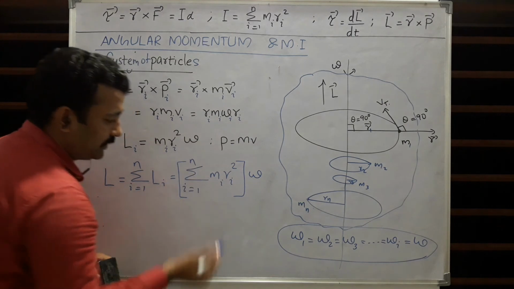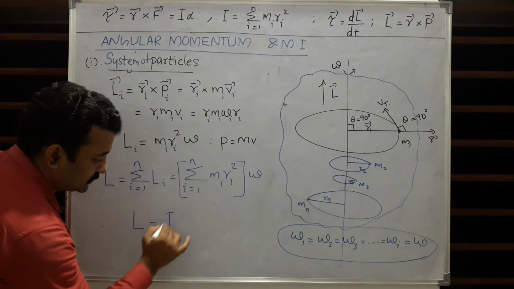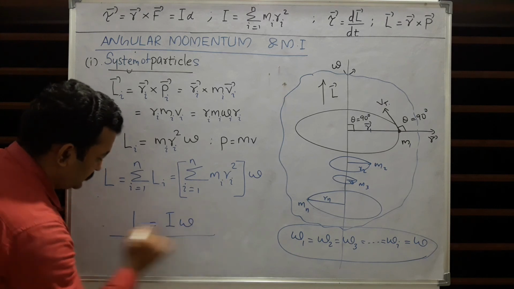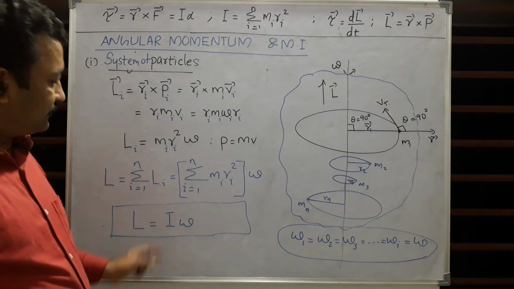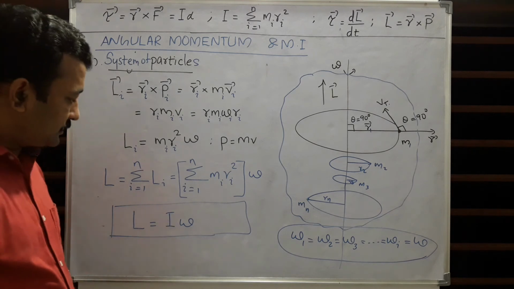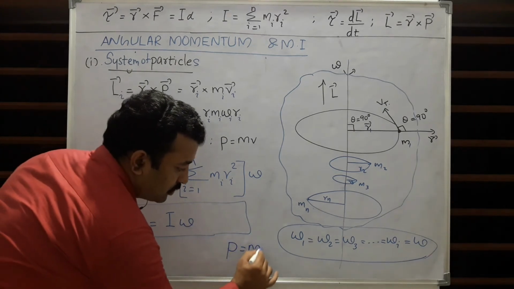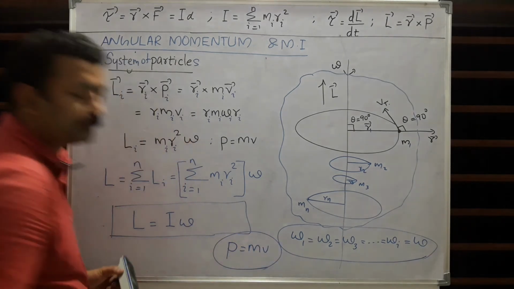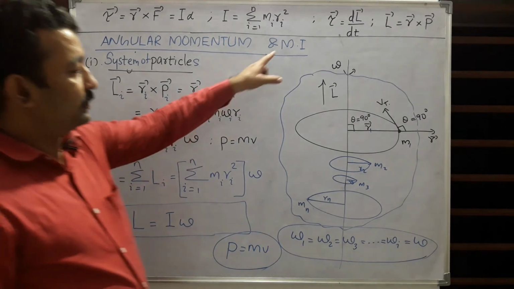What's the quantity within the bracket? That is nothing but the moment of inertia of the system of particles. So we have expressed the angular momentum in terms of the moment of inertia, very similar to P is equal to mv. This is another way to derive the expression for the moment of inertia.